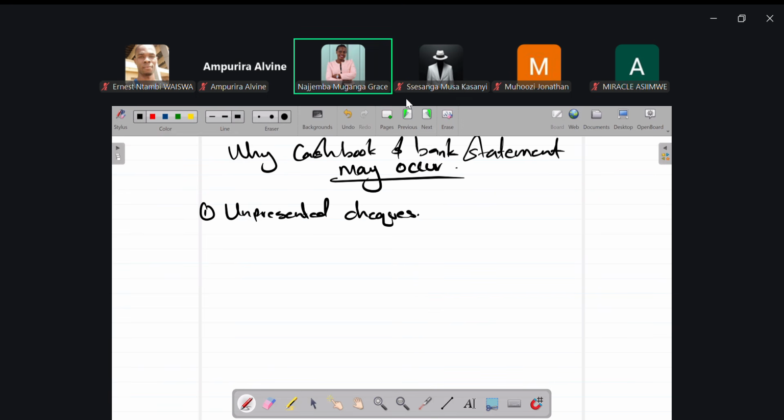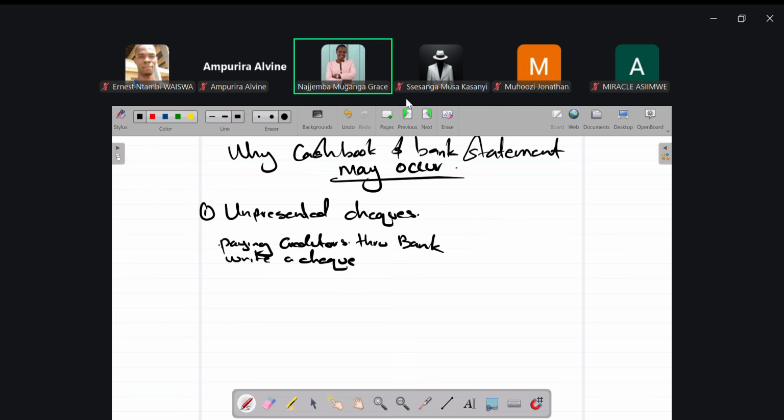Unpresented checks. So assuming we are paying off our creditors.